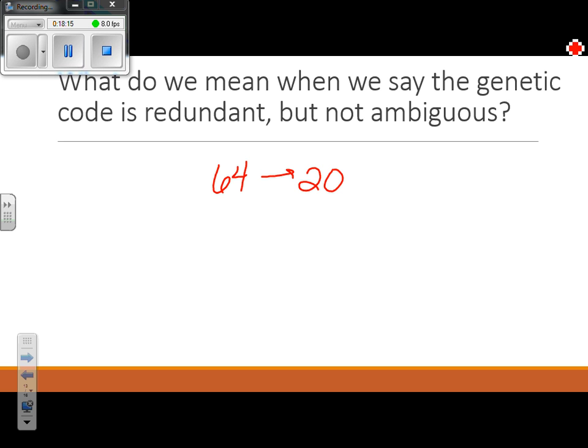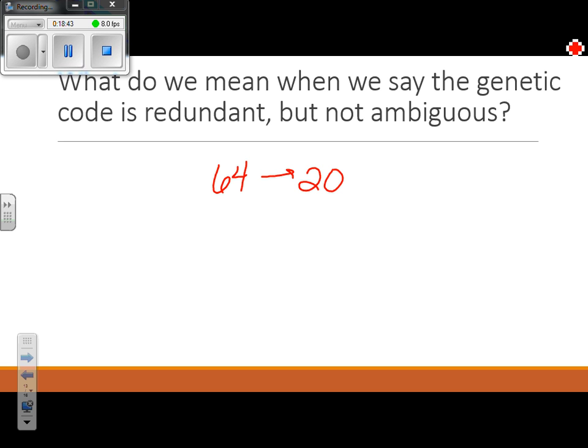Well, that's why we say the genetic code is redundant. Because if you look at a coding sheet like our coding wheel or the coding table in your textbook, you will see that there are several amino acids that are coded for by different codons. And so you could have 6 different codons, 6 different 3 base sequences that code for a single amino acid. So that's redundant, right? It's repetitive.